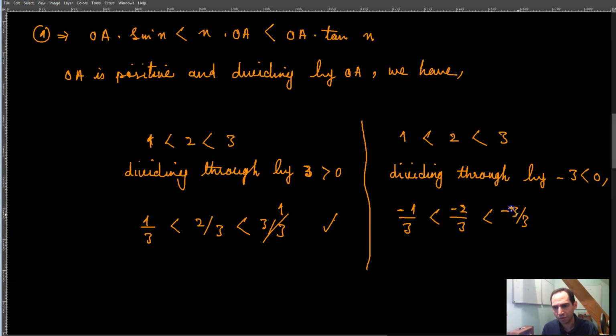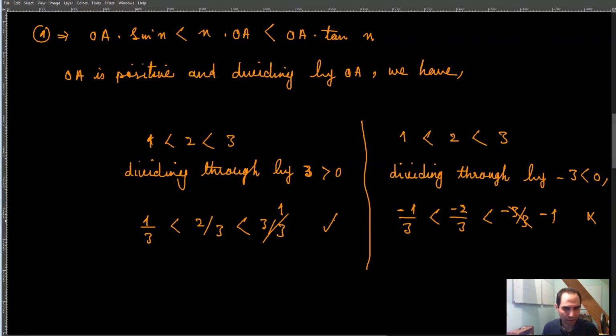This is equal to negative 1, and here we are saying that negative 1/3 is less than negative 1, which is not true, and negative 2/3 less than negative 1, not true, because negative 1/3 is actually greater than negative 1, and negative 2/3 is actually greater than negative 1.